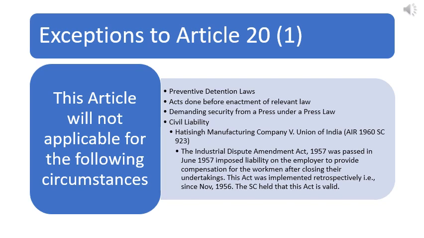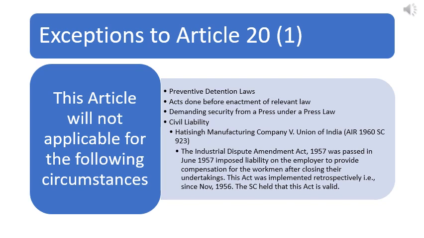Singh Manufacturing Company versus Union of India. In this case, what happened was, the Industrial Dispute Amendment Act came into existence in the year 1957. But before the Act came into existence, a few undertakings were closed by the employers.